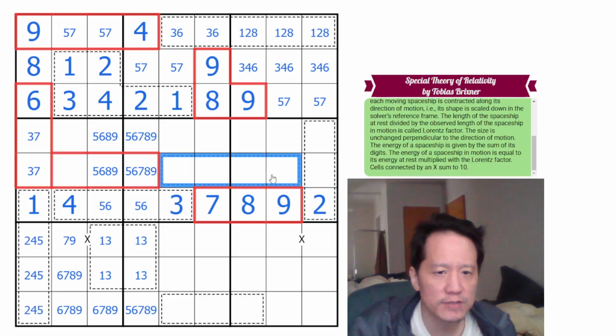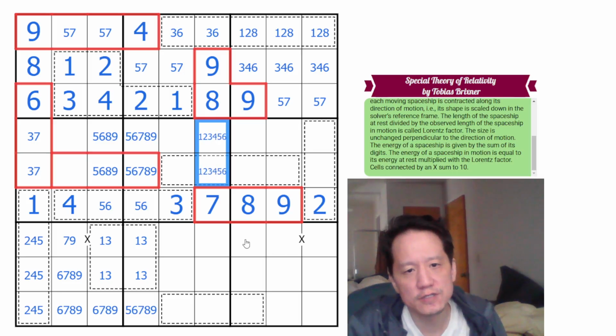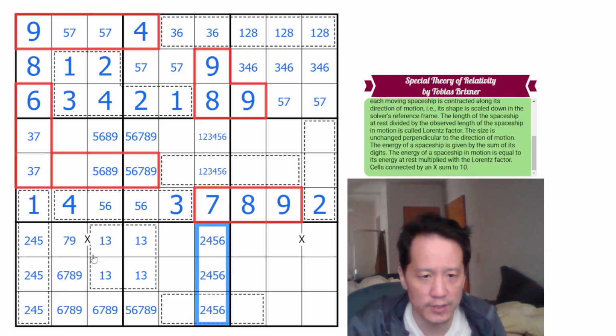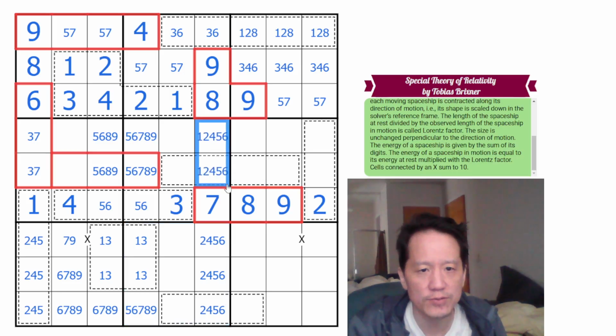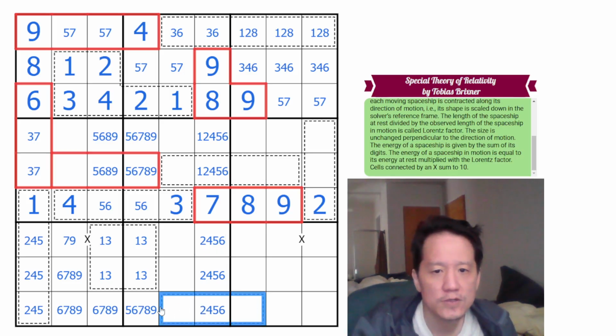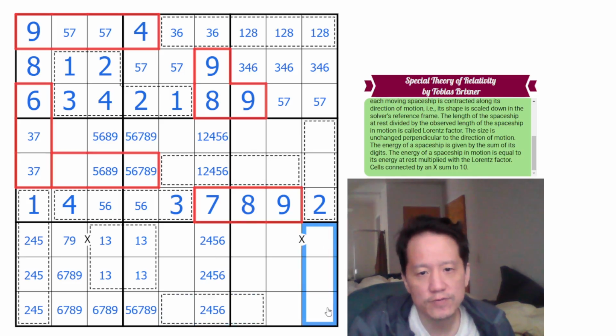We don't know about this, though. These are the digits 1 through 6, but this can't be 1 or 3 because of the 1, 3 pair in the box. This can't be 3 because of this 3. One of these is a 1. 9 has to be one of these 3 cells.